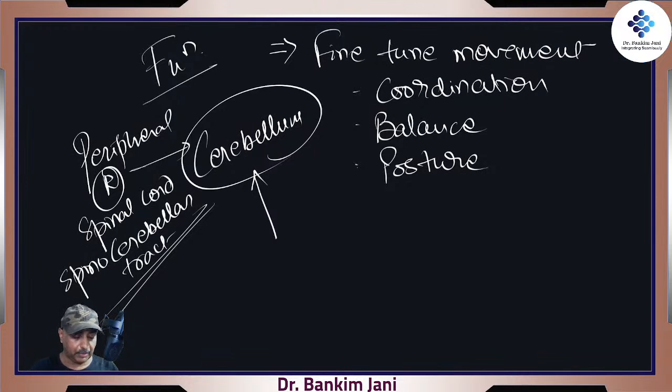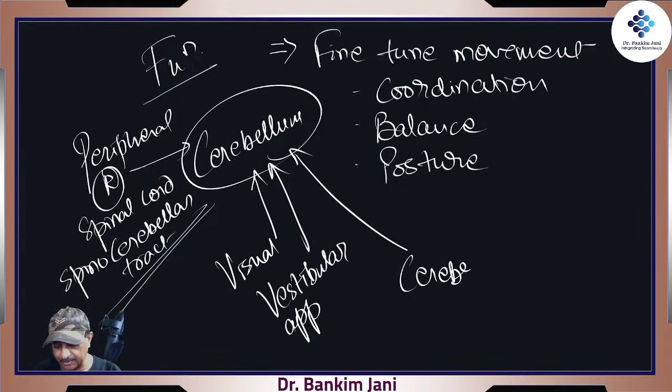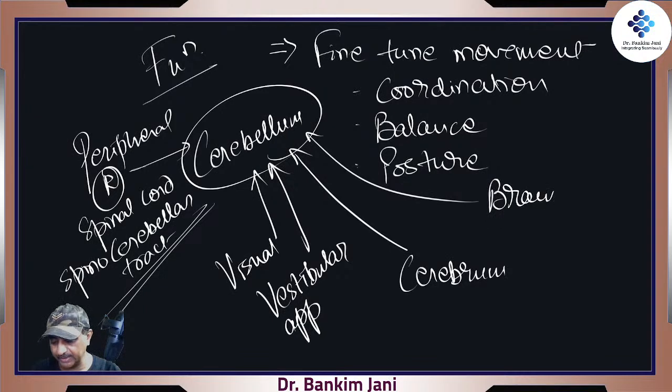Then from the spinal cord, we said that it is the spinocerebellar tract. Then from the visual system, there would be the vestibular apparatus. All of them are sending information to the cerebellum. From the cerebrum it would be sent, and from the brainstem too.